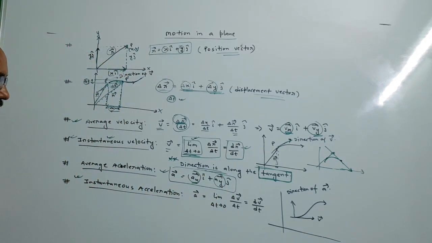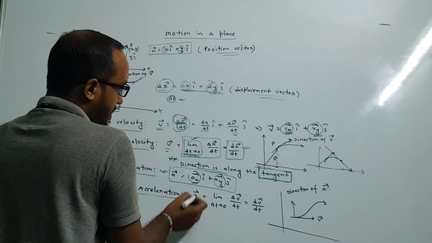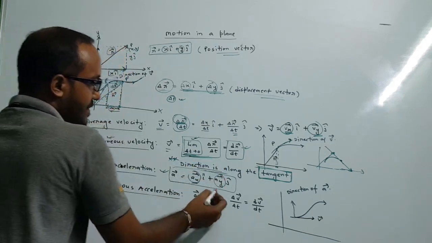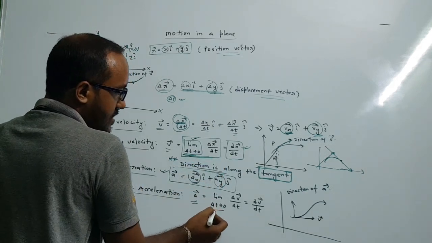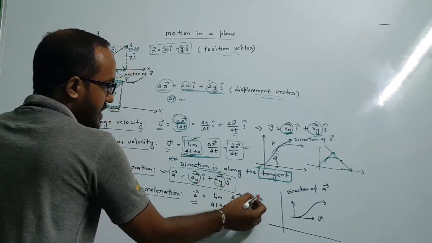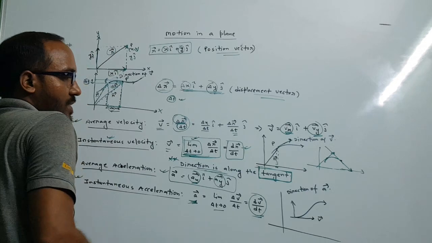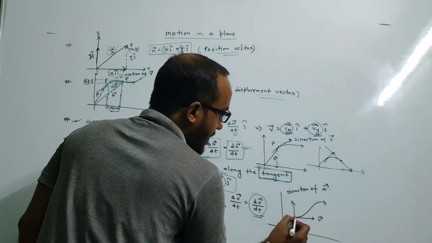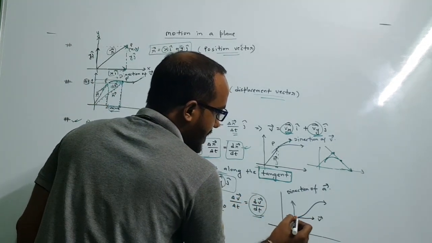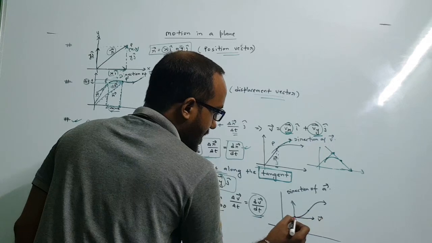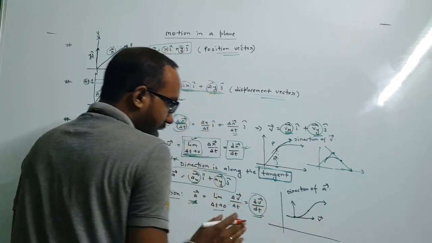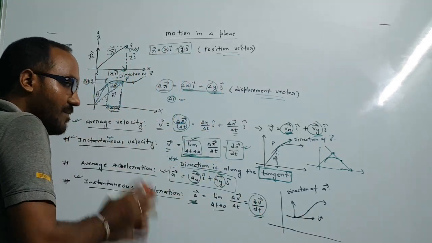Now move forward to instantaneous acceleration. Same definition as for velocity. Limit delta t tends to 0, delta v by delta t is dv by dt. So instantaneous acceleration is dv by dt. Again the same logic. If the particle is here, p prime and p are very near or equivalent to the same point.